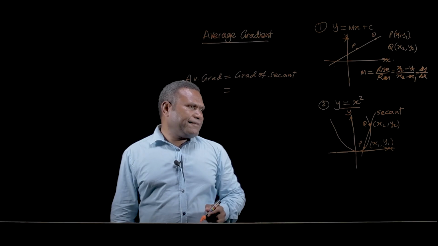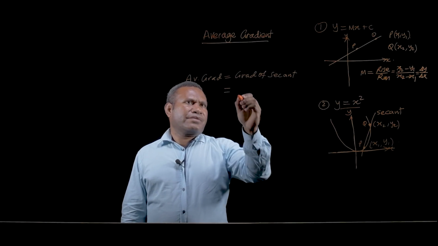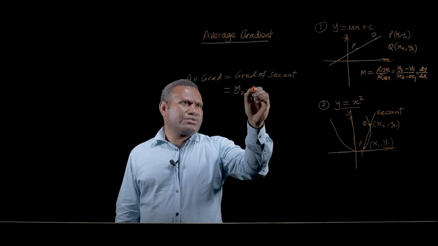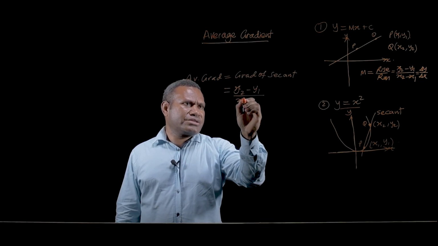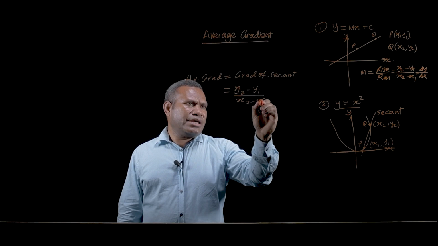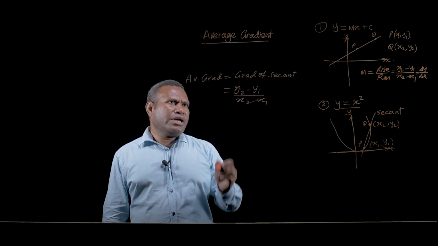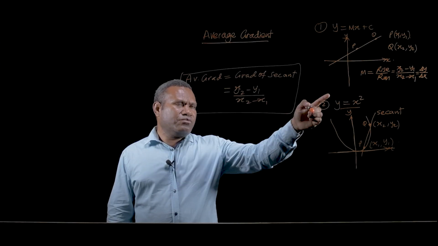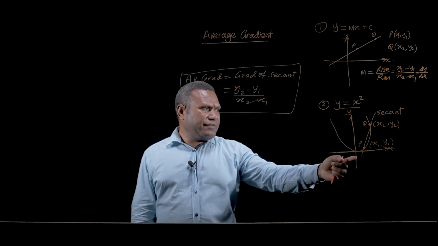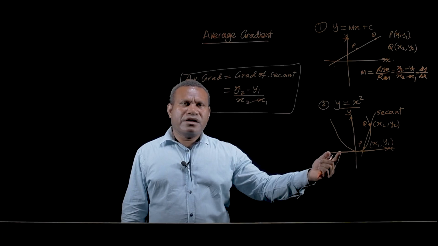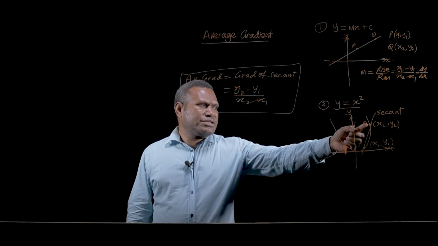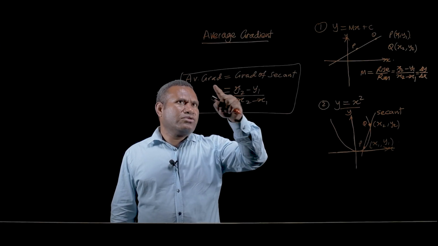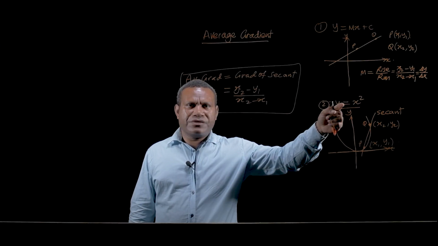So it is y2 minus y1 divided by x2 minus x1. This is the formula that we can use. It's actually the same formula. We have a straight line here, therefore we use these points to calculate the gradient of this secant, and that will also be equal to the average gradient of this curve.